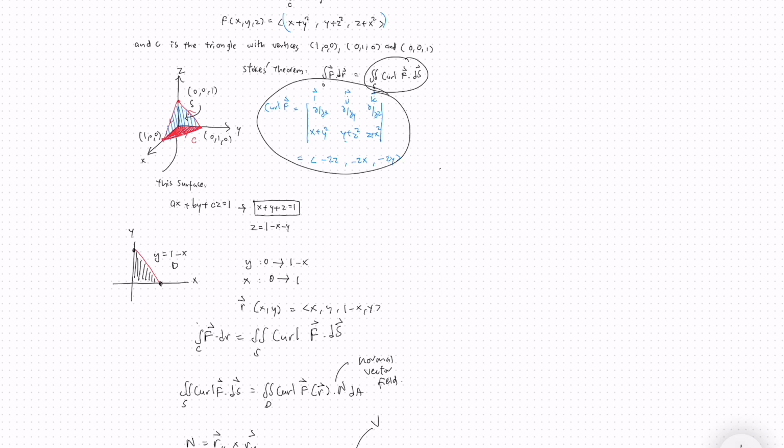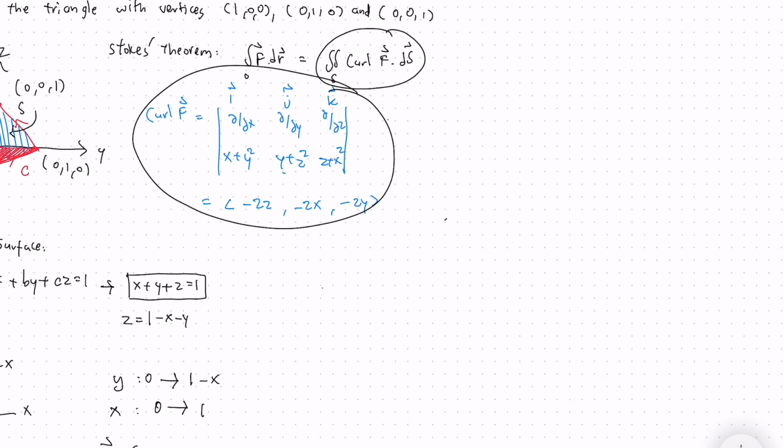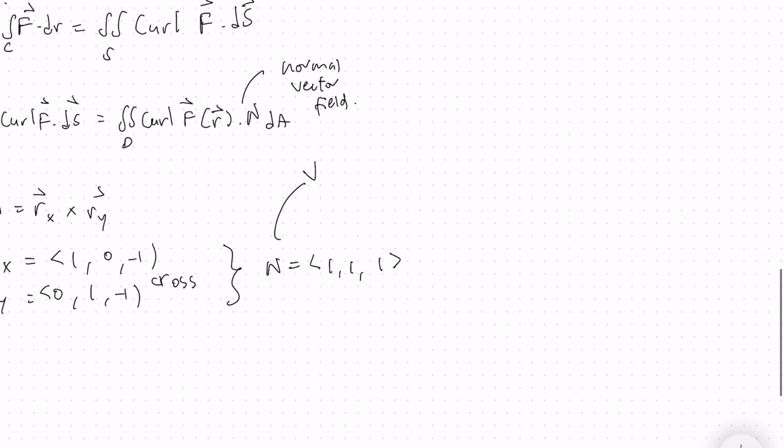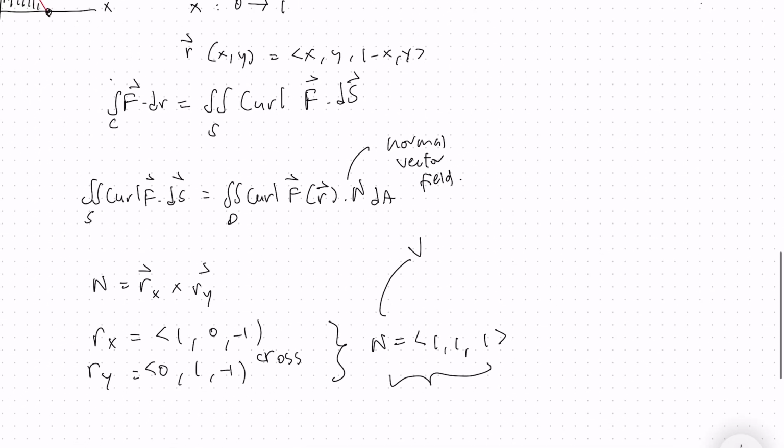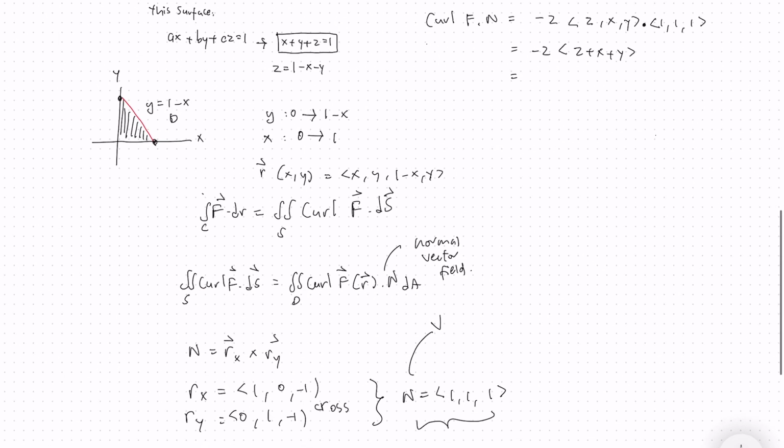So curl of F dot nu is equal to the vector with components minus 2 times z, x, y dotted with 1, 1, 1. The 1, 1, 1 is a constant vector field, which by the way makes perfect sense for a plane. So this is minus 2 times the sum z plus x plus y.